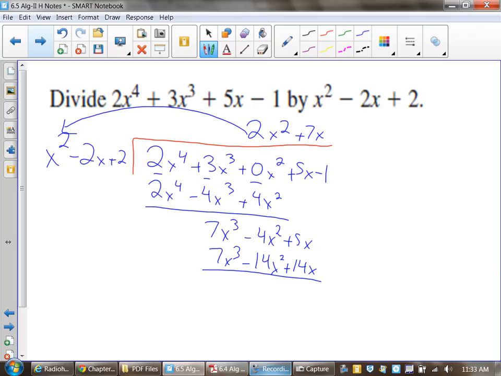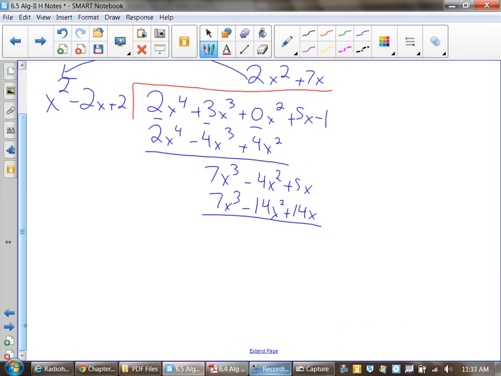Remember, whatever you multiply by the 7x, you have to multiply it to all three of those terms. Rewrite them below, and then you would subtract again. 0, 10x squared, minus 9x, and then drop down the negative 1.